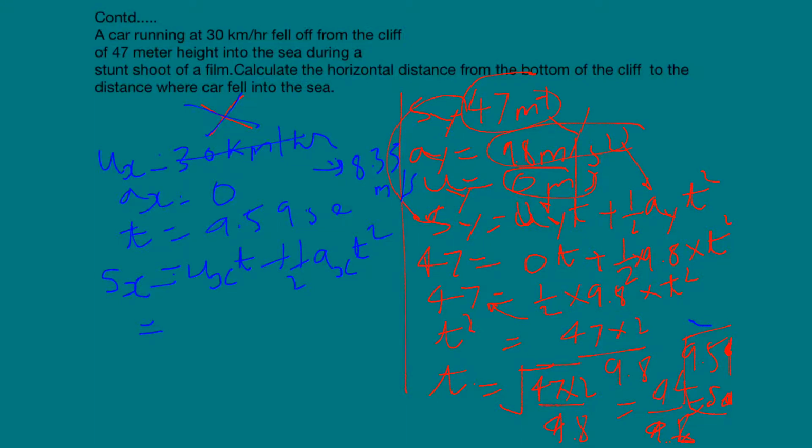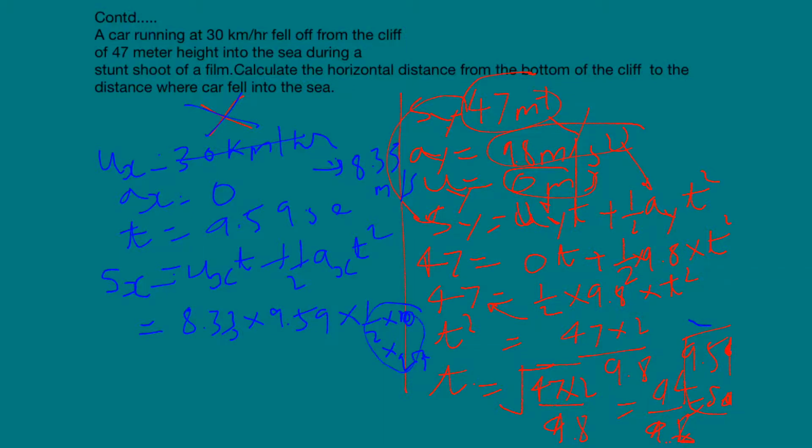So u is 8.33 into time 9.59, plus half into ax, which is 0, so half into 0 into 9.59.